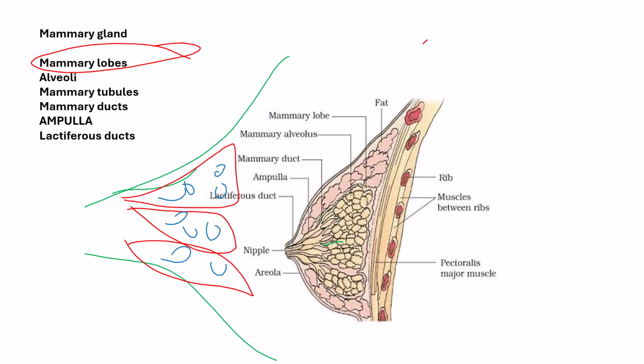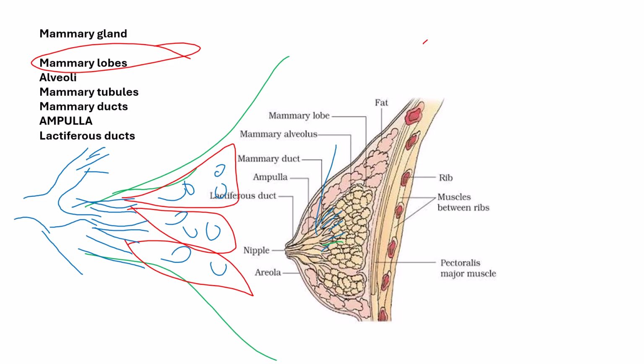These mammary lobes connect to mammary tubules. Mammary tubules will run like this. Mammary tubules will form a mammary duct. So all the tubules join together to become one duct. That is a kind of bigger tube. This bigger tube has numerous smaller tubes. So here, this mammary tubules will form a mammary duct. This bigger tube is called the mammary duct.